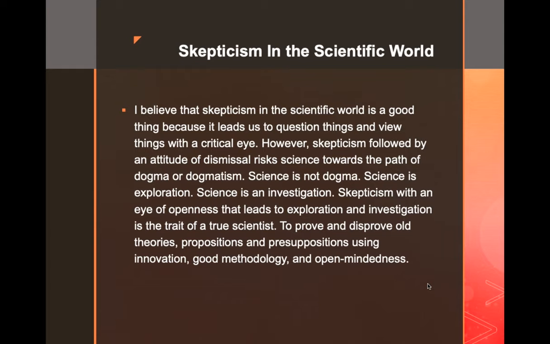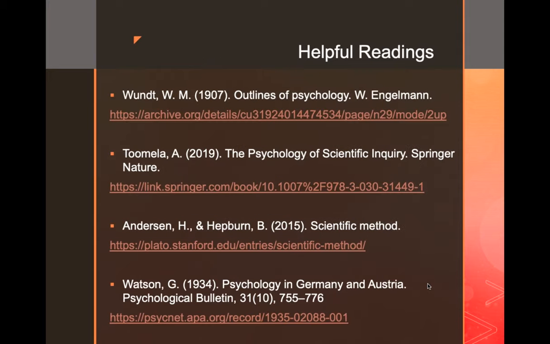That is the trait of a true scientist, to prove and disprove all theories, propositions, and presuppositions using innovation, good methodology, and open-mindedness. Skepticism that meets itself with an attitude of dismissal is never a good thing. So always be open and always investigate and ask questions.